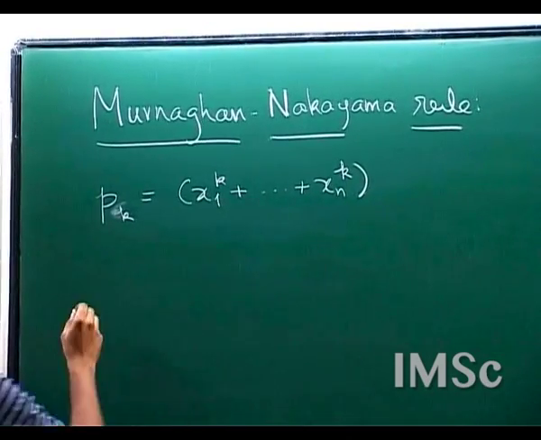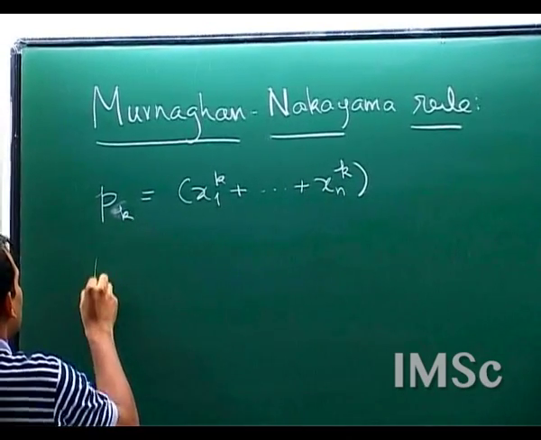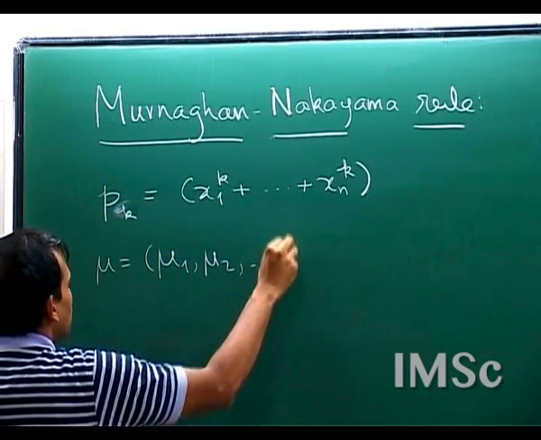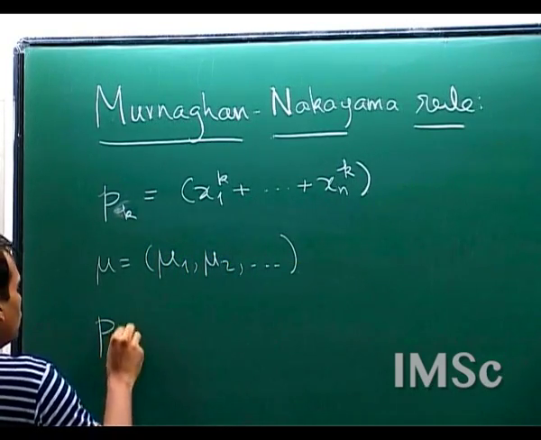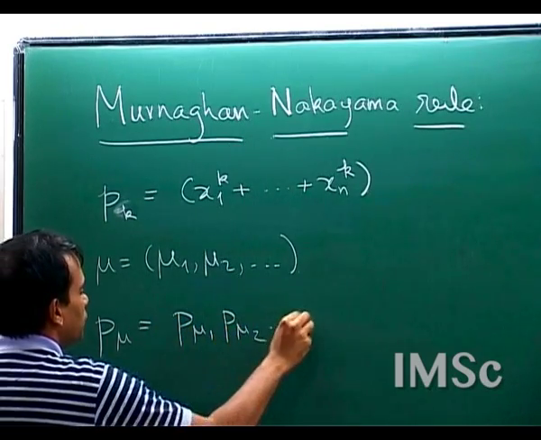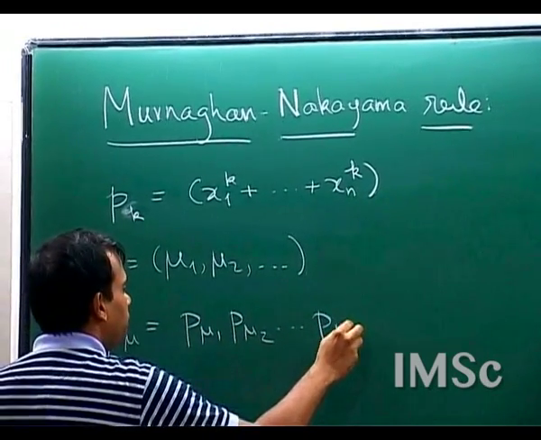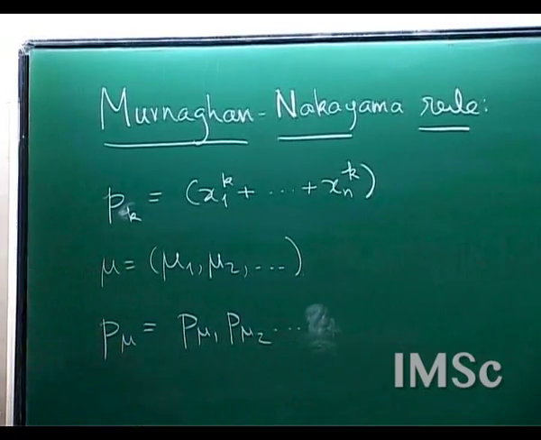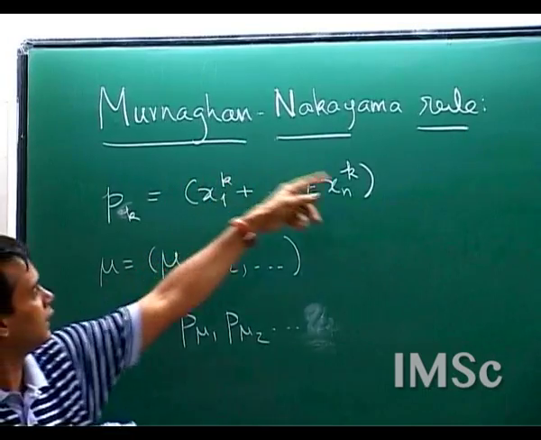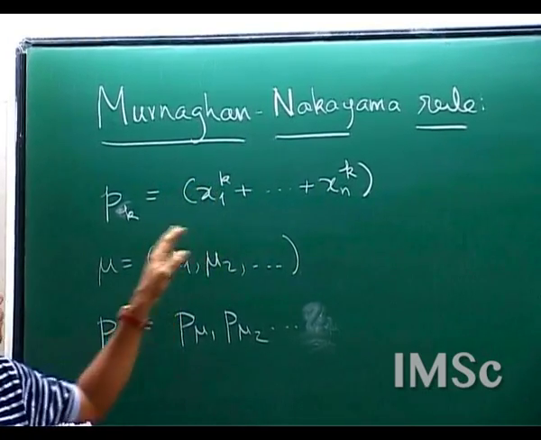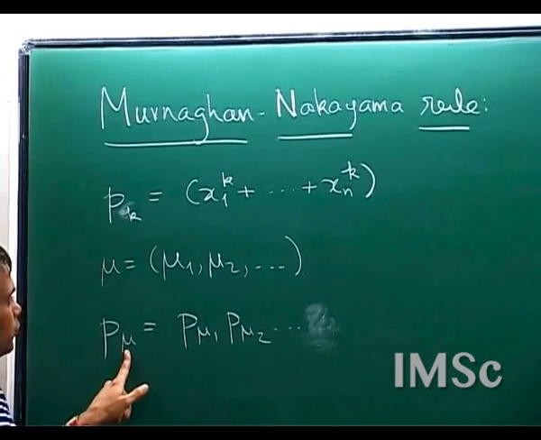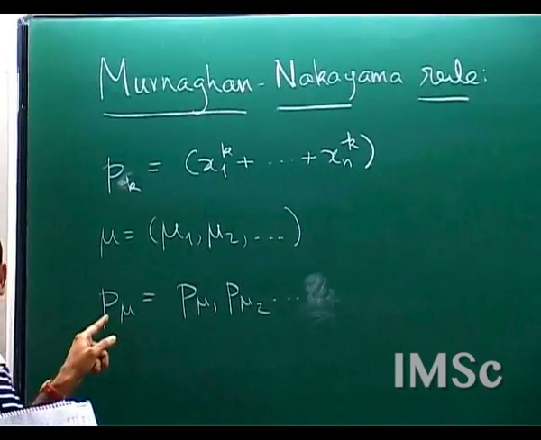And for a partition mu, suppose you have a partition mu which is mu1, mu2 and so on, then you define P mu to be P mu1, P mu2 and so on, just the product of these things. That's called the power sum symmetric function corresponding to the partition mu. If mu is a partition of n, then this will be homogeneous of degree n.